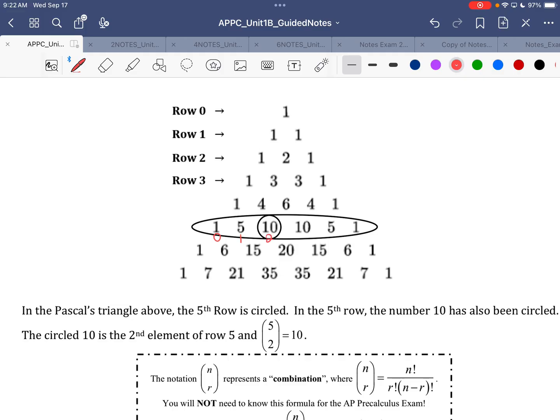So I want you to try to find 6 choose 4. Yes, 6 choose 4. So go to the 6th row and then the 4th element, which remember we're starting at 0.